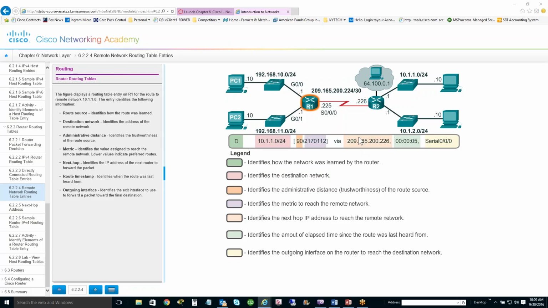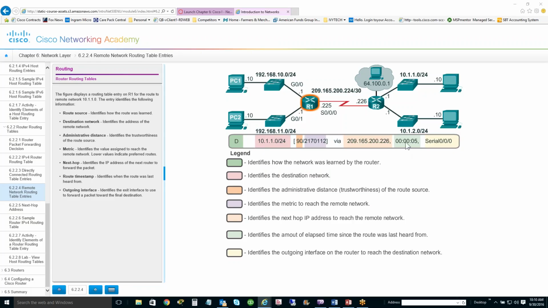And then the next hop, which you could look at as the next router in line down the path to its ultimate destination based on what this destination address is.